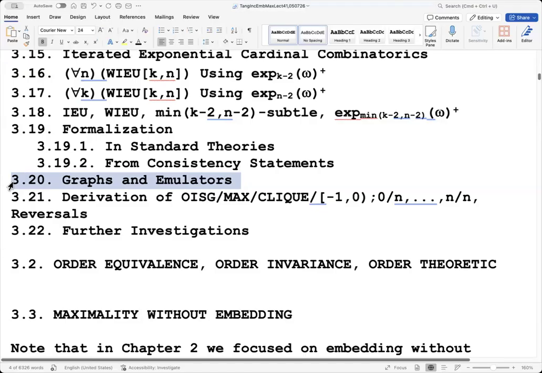And also K usability is the same. K usability might be slightly different, particularly for K equals 1. But full usability for graphs and emulators and chains are probably equivalent, and that's very nice to have.